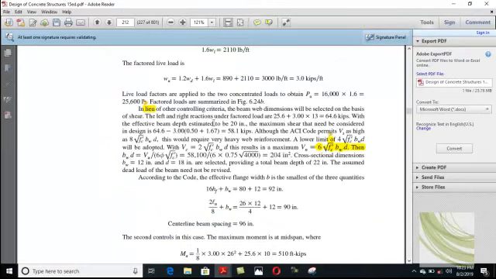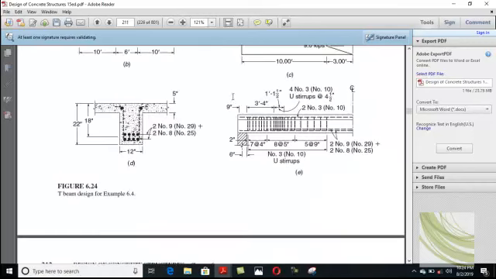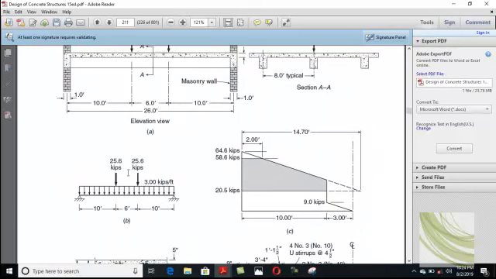The left and right reactions under load are 25.6 plus 3 multiplied by 13, which is 64.6. If I draw this diagram in SAFE and analyze it, you can see how much shear exists at this point and at this point.